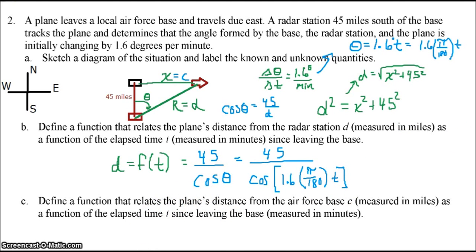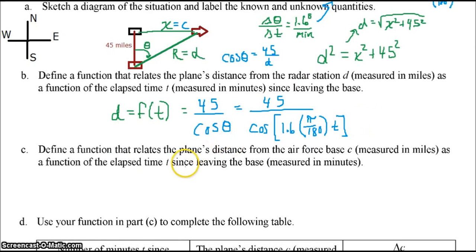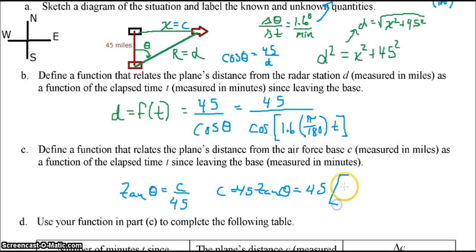Okay, so I think that we could use trig again. From the picture, opposite over adjacent, tangent of theta equals c over 45. That means c equals 45 tangent theta, and since we want this as a function of time, we'll just replace that theta with 1.6 pi over 180 times t, but I can't forget the tangent.